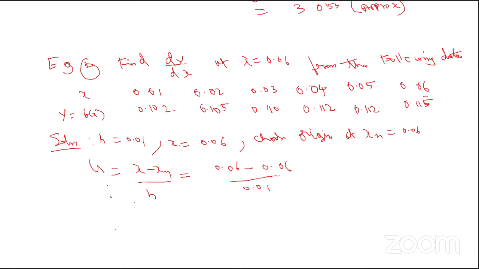We get 0, since 0 by anything is 0. That implies u equal to 0. Right.